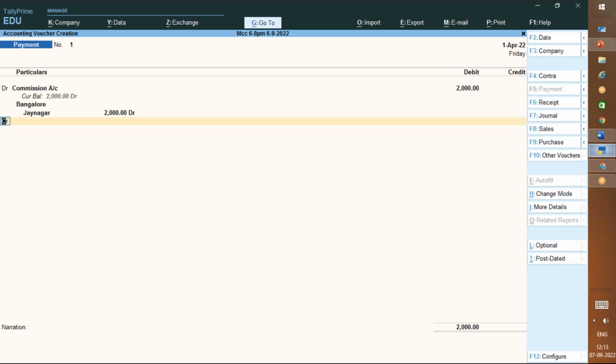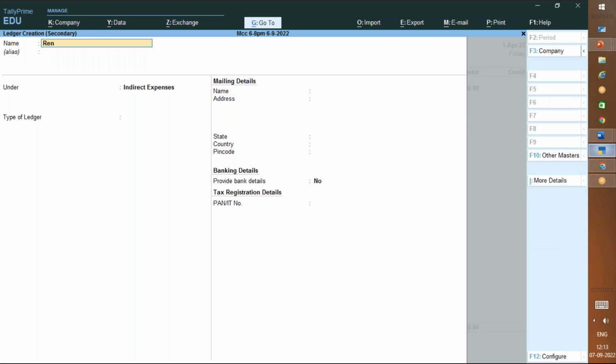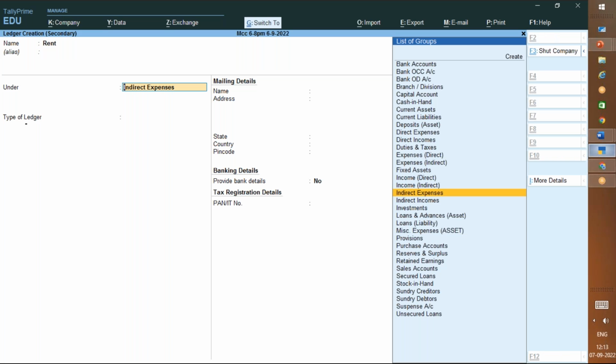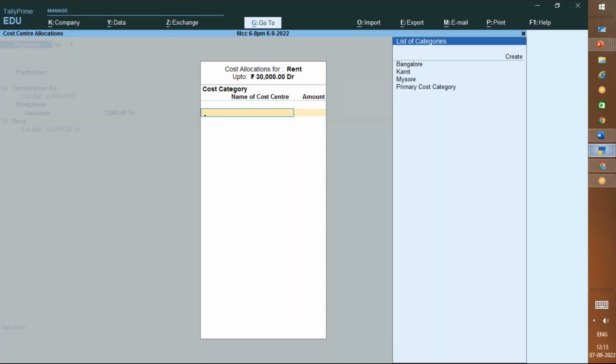Again, see, you will get DR, then you will get CR, credit. You need two entries. So you will do this as debit. Alt C. 30,000. Bangalore.